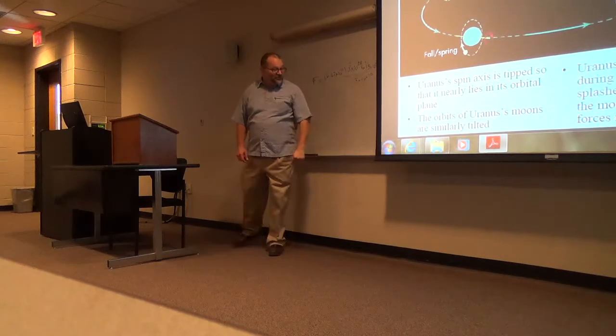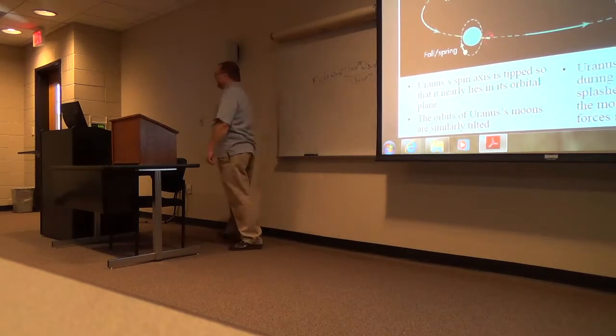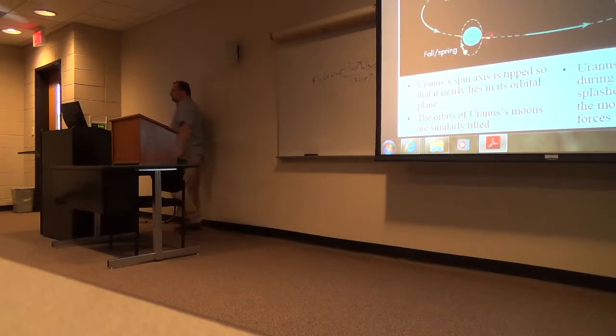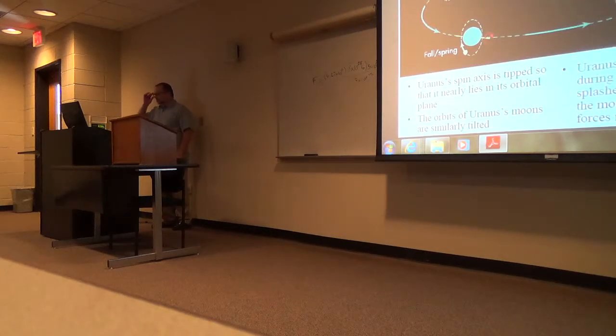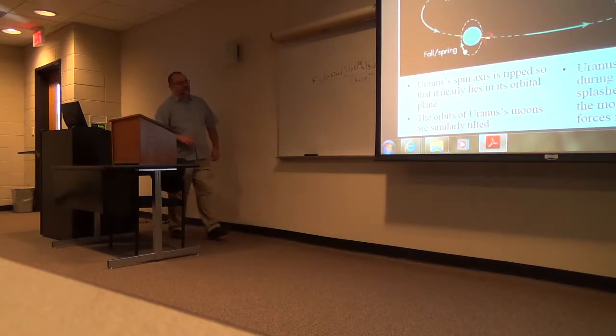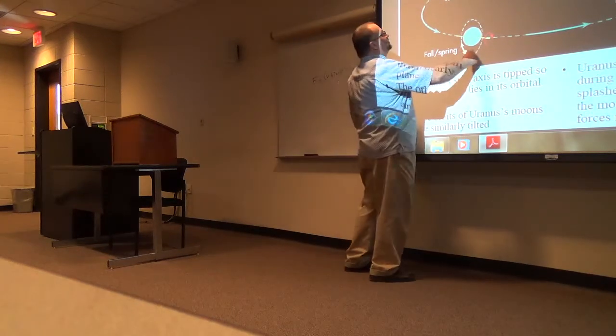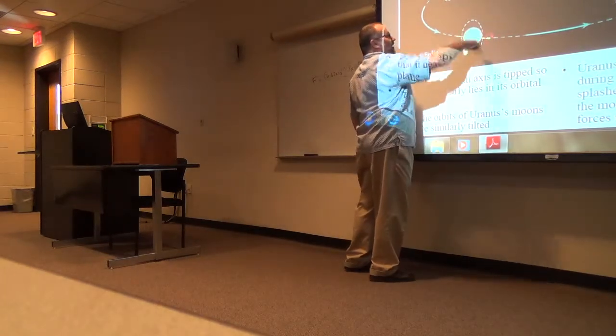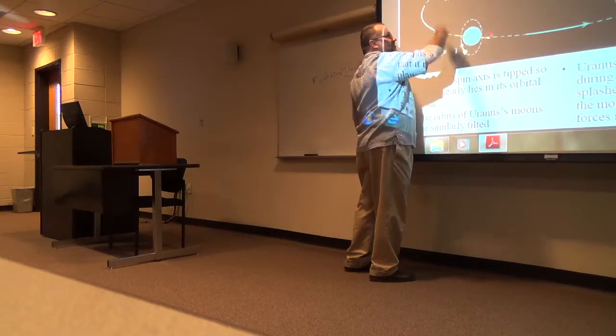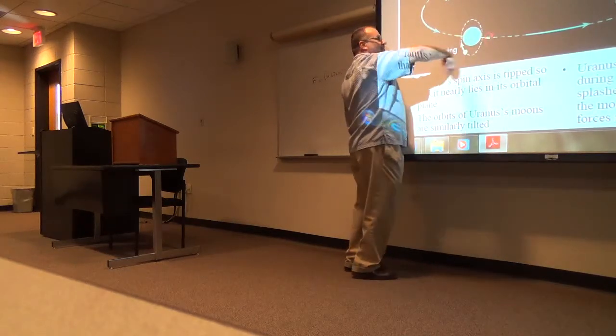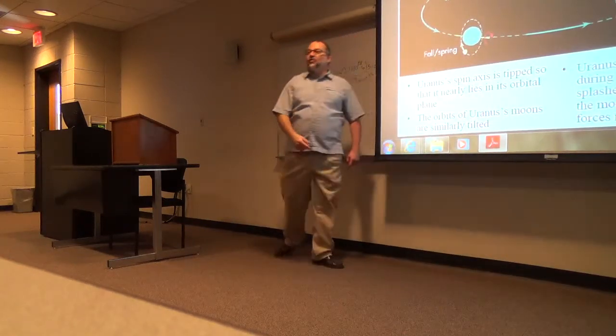As we think about how this could happen, the only likely explanation that we can come up with is that it got hit by something pretty solid at one point. And all of its moons orbit not in the plane of the solar system, but around its equator, so it looks like they formed with it.